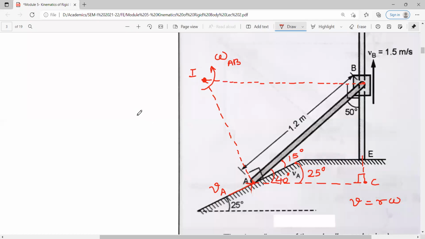You know that in a triangle, the sum of all the angles is 180 degrees, right? So consider the triangle ABC.